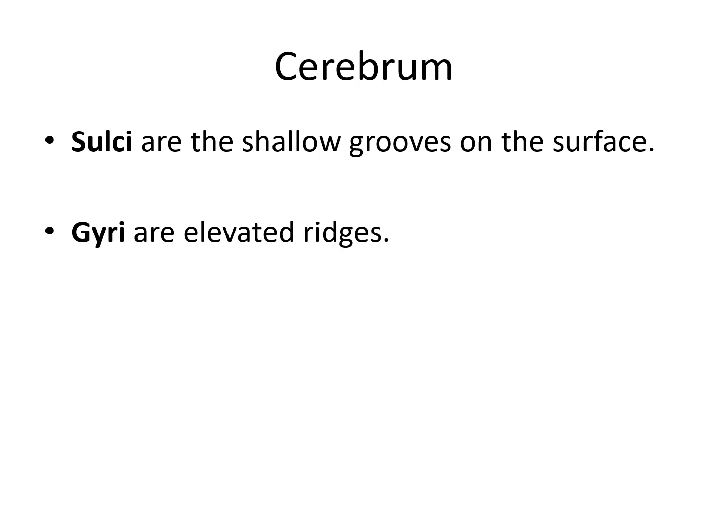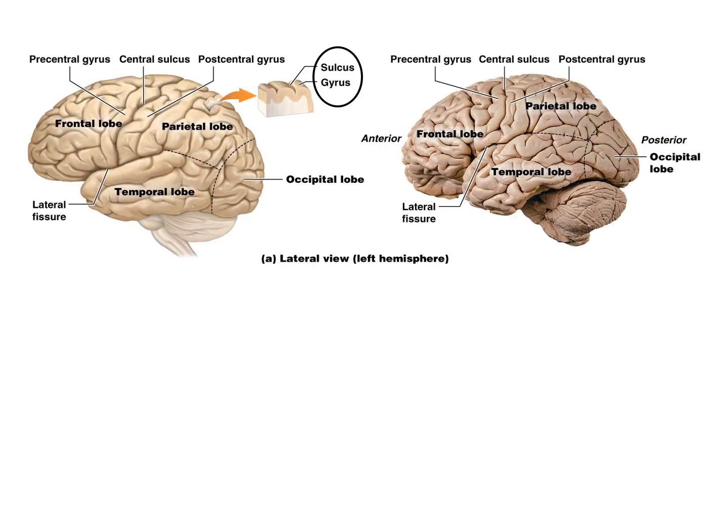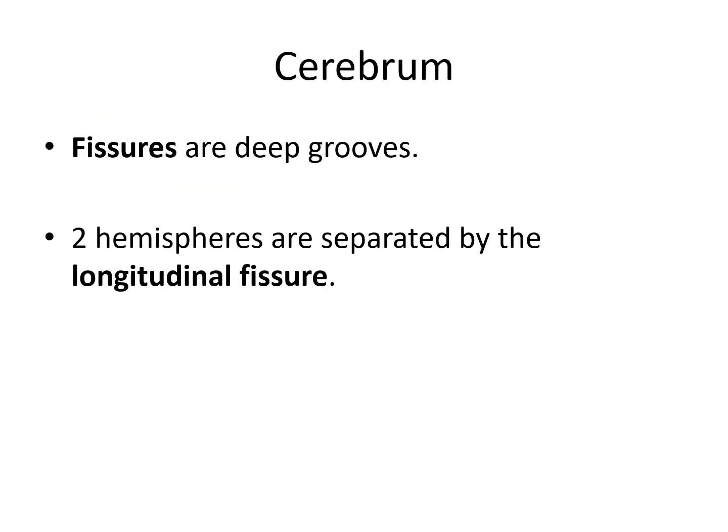The sulci are the shallow grooves on the surface. A single one is called a sulcus. Gyri are the elevated ridges, and a single one is called a gyrus. And this diagram shows, rather small, the elevations of the gyrus and a single depression as a sulcus. In addition to these, there are other surface structures of the cerebrum.